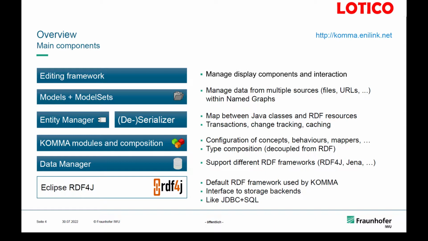It's just our unit of configuration. And this layer also provides the type composition framework, which is actually decoupled from RDF and could also be used for other situations where type or object composition is required.